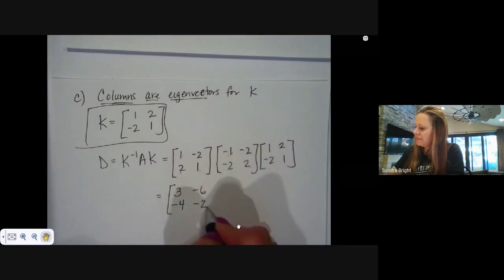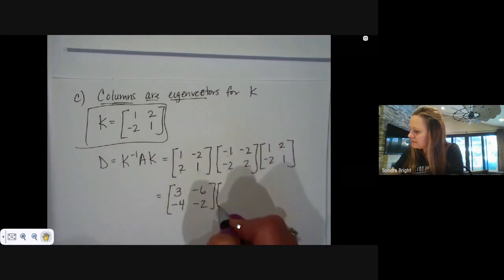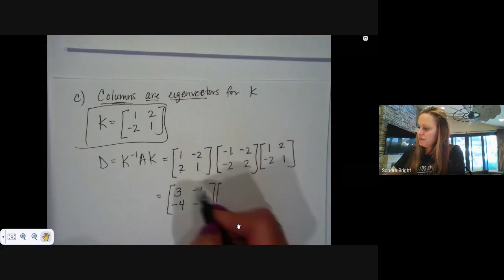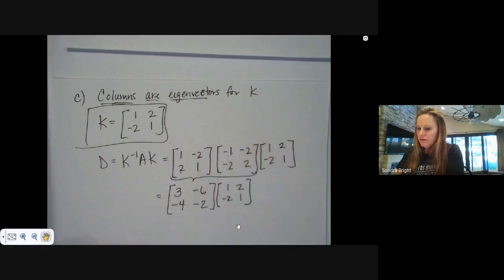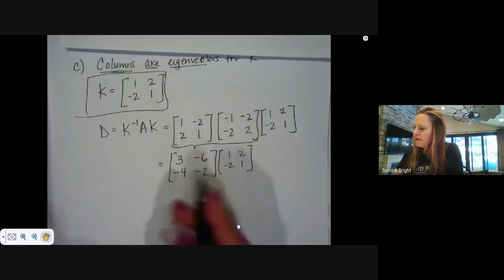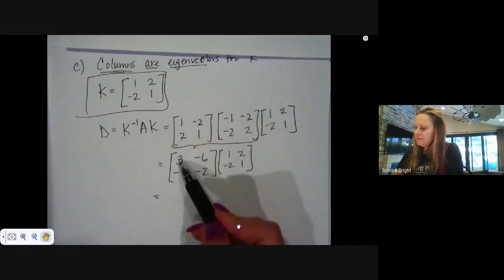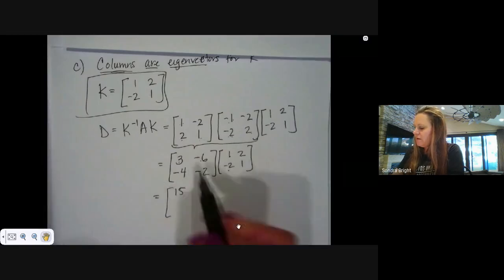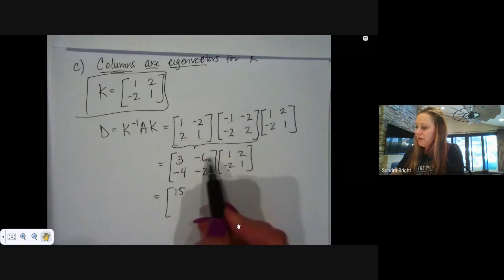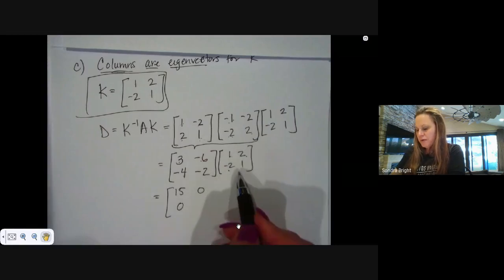And then I still have 1, 2, -2, and 1, and we'll multiply those two together also, which will give you what? 3 plus 12, so that gives you 15. 6 plus -6 gives you a 0. -4 plus 4 is 0. And then -4 plus -2 will give you a -2.